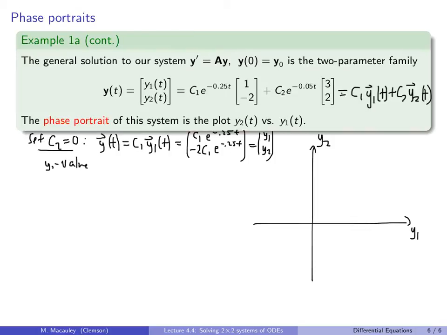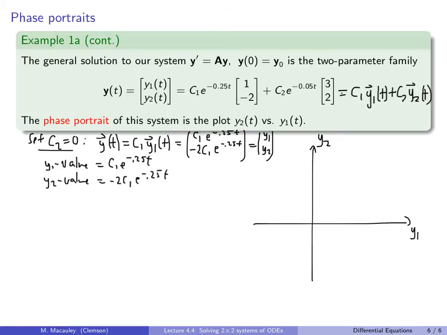The y1 value is C1 e to the negative 0.25 t, and the y2 value at any time t is negative 2 C1 e to the negative 0.25 t. What I want you to notice here is the slope of this curve, y2 minus y1.